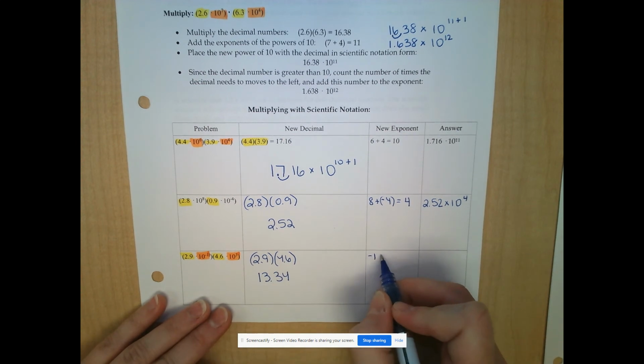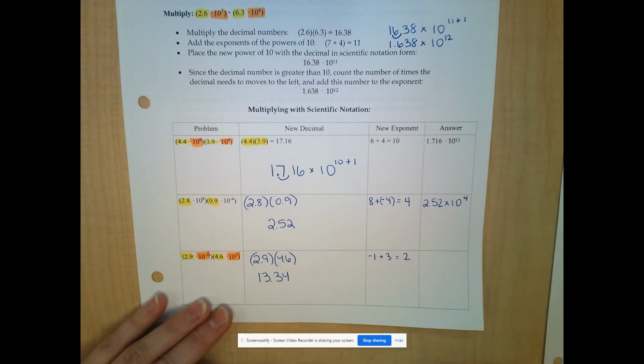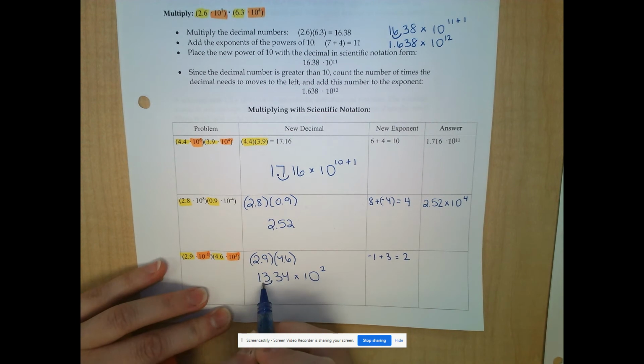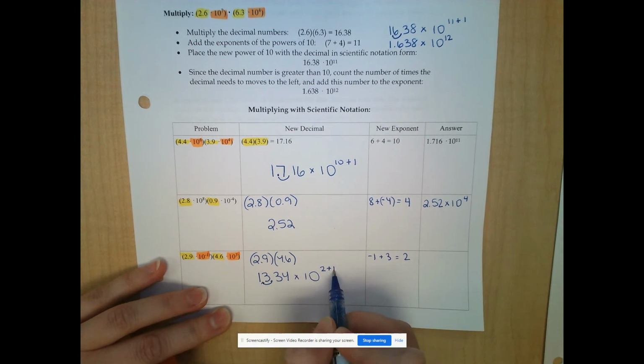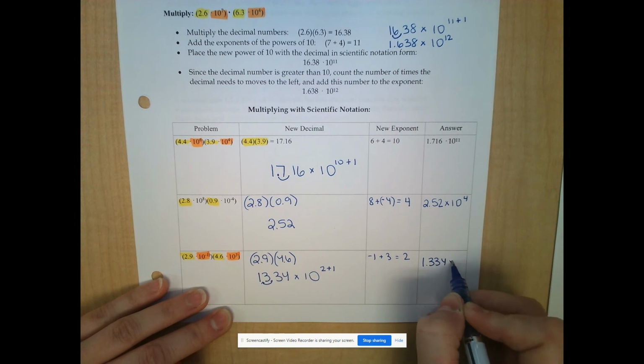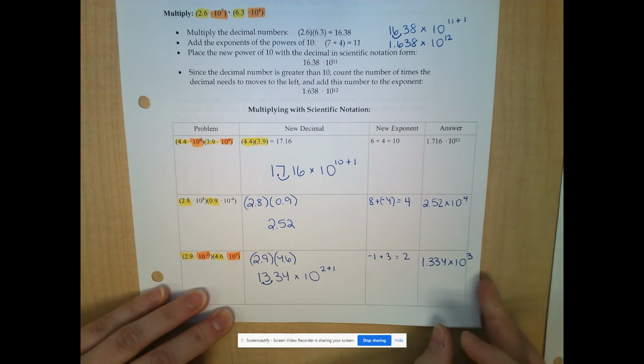Adding our exponents, negative 1 plus 3, we get an exponent of 2. So we'd have 13.34 times 10 to the 2nd. And hopefully you're noticing that 13.34 is too large. We need to make it 1 power of 10 smaller and make our exponent 1 power of 10 larger, 1.334 times 10 to the 3rd.